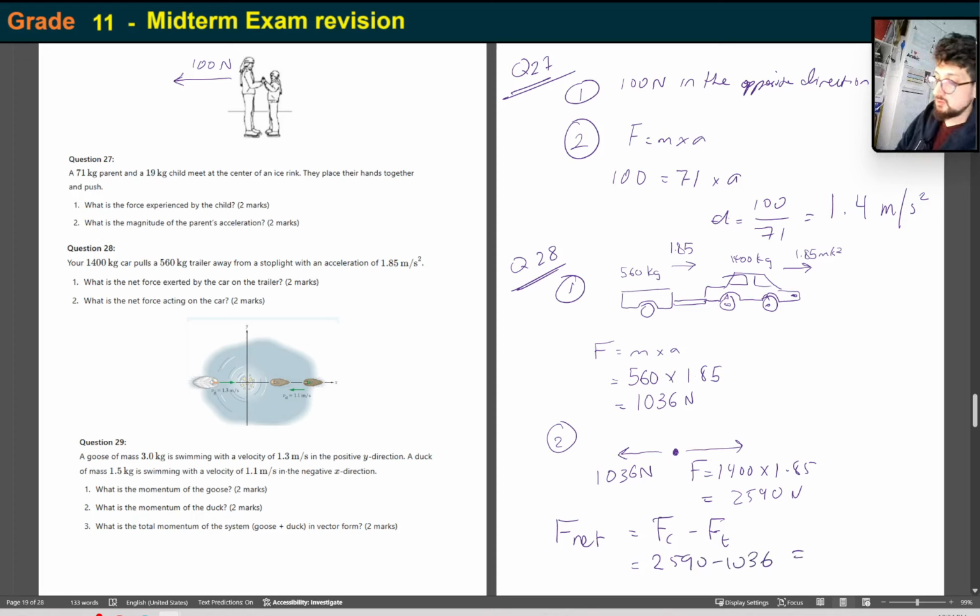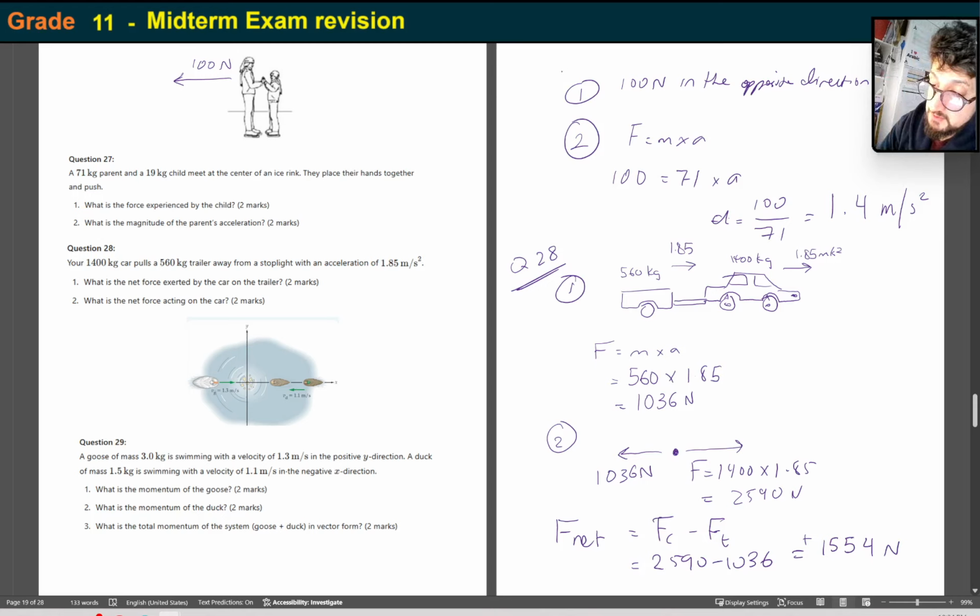And that's going to be 1,554 newtons. And if you prefer, you can say positive. That way you can be sure that it's not so confusing, I guess. Okay. Not so bad, I hope.